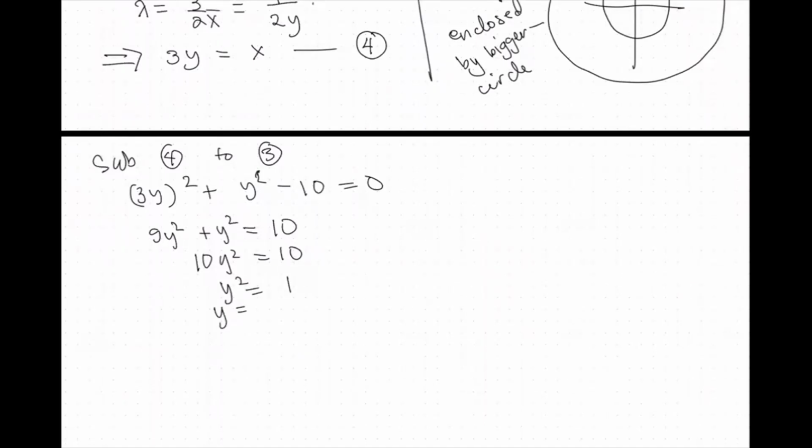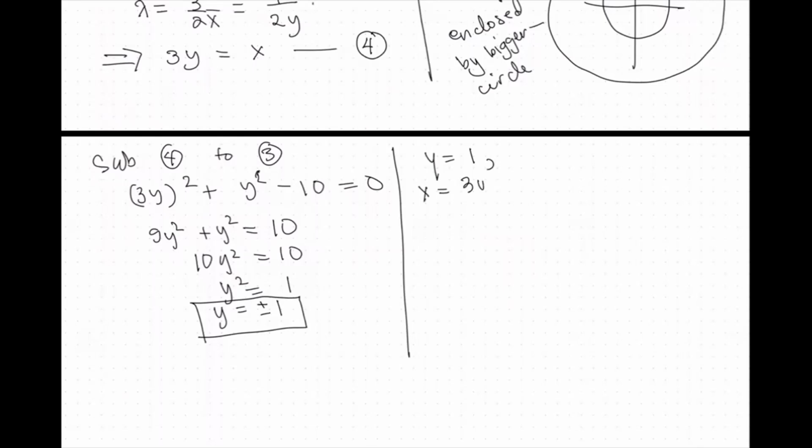That means y is either positive or negative 1. So we solve for the value of x. When y is equal to positive 1, x is equal to 3 times y, 3 times 1, so this is 3.